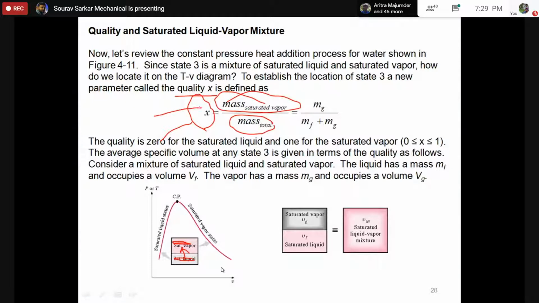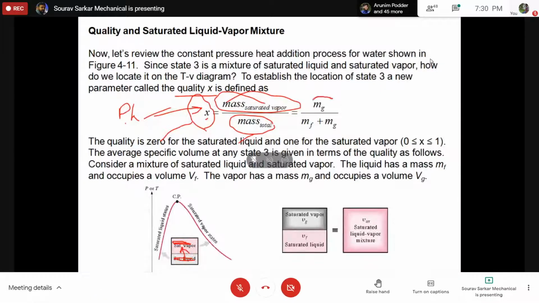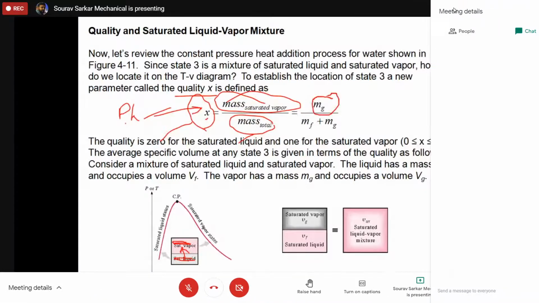But this is valid only during phase change. Whenever there is a phase change, then only this is valid. So X equals the mass of the saturated vapor divided by the total mass. So this is nothing but mg over mf plus mg. Mg is the mass of the saturated vapor.